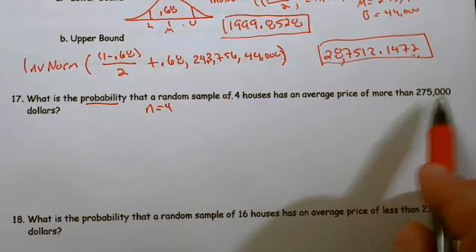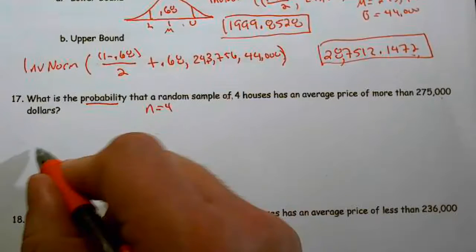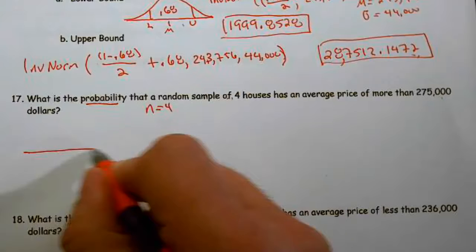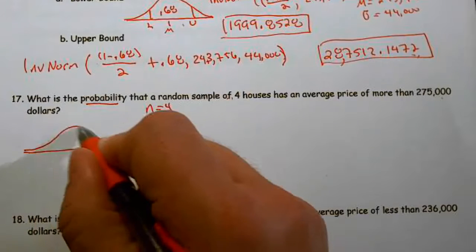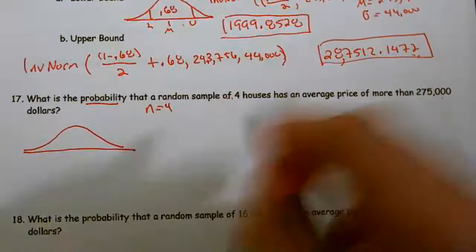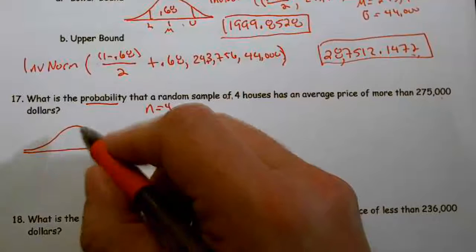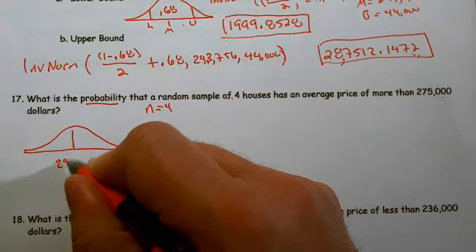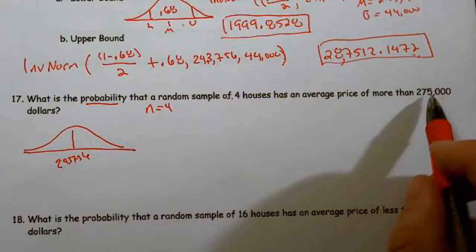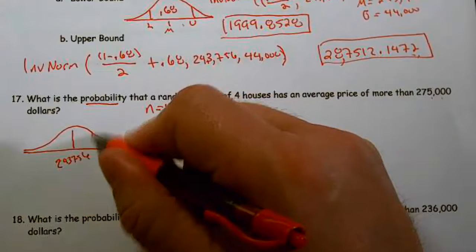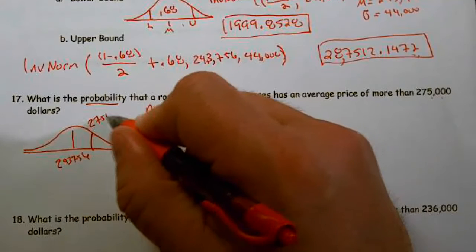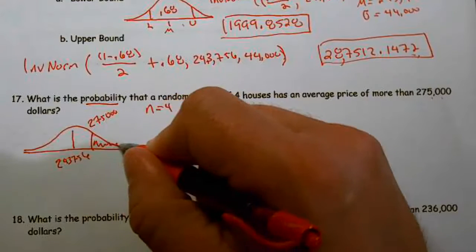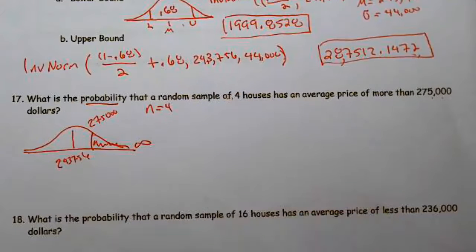If I'm drawing my picture, 243,756 is my mean. I want to know the probability that it has more than 275,000. And we're shading up.